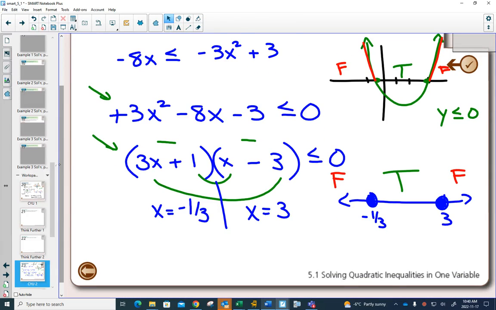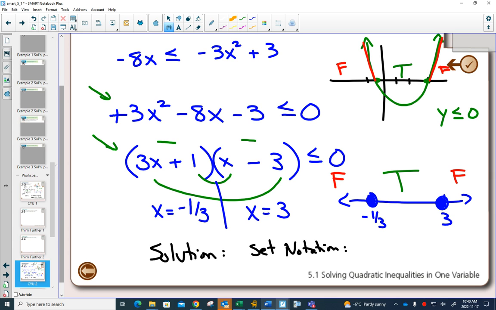So now we've done this, we need to write our solution. Again, we're going to practice our set notation and our interval notation. That's a triangle.